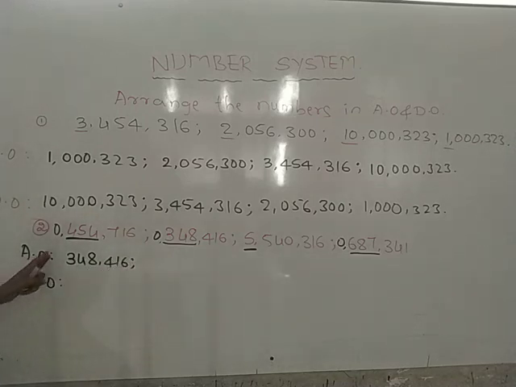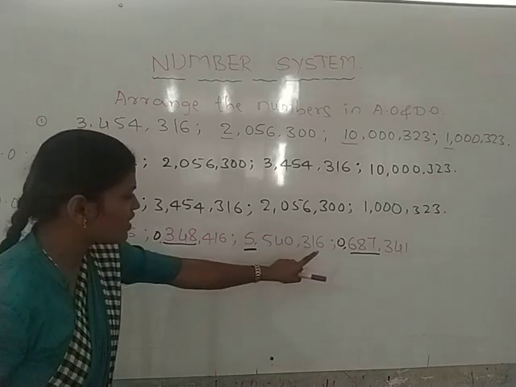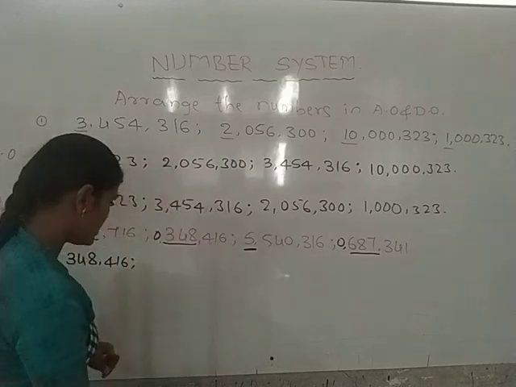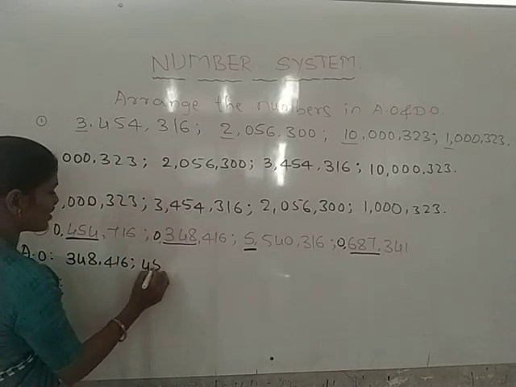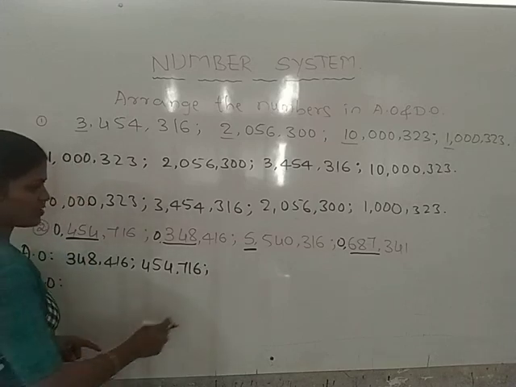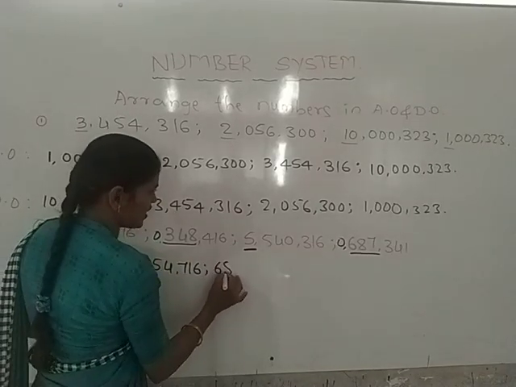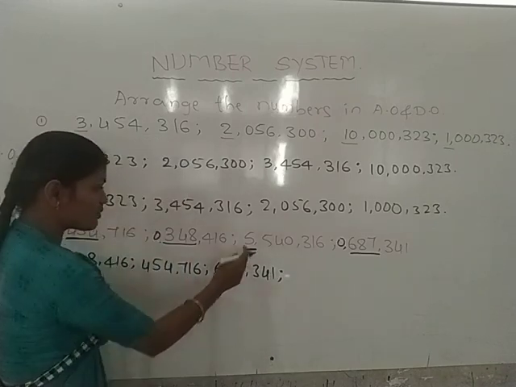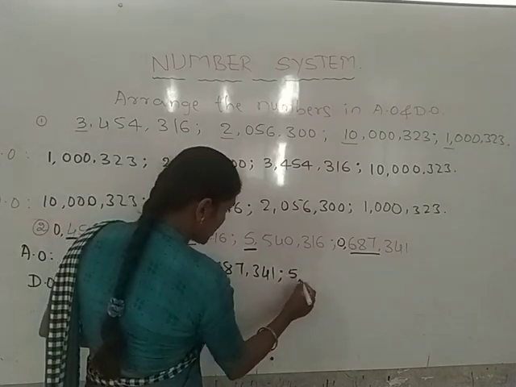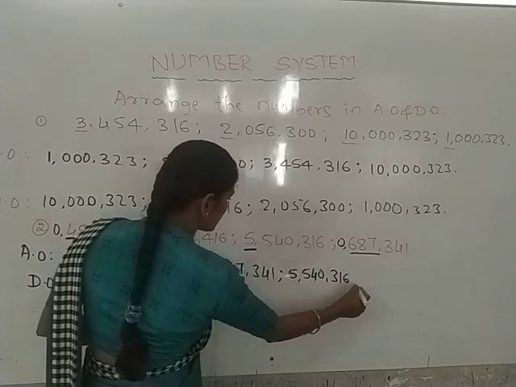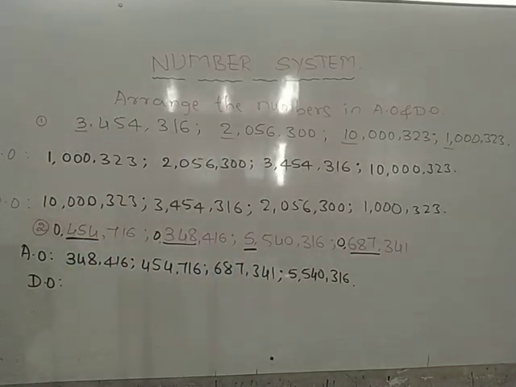Next, in between 400 and 500, 600, which one is the least? 400 is least. So our number 454,716. Next, 687,341. It is the greatest number here. 5,540,316. So we just have to arrange these numbers in reverse way.